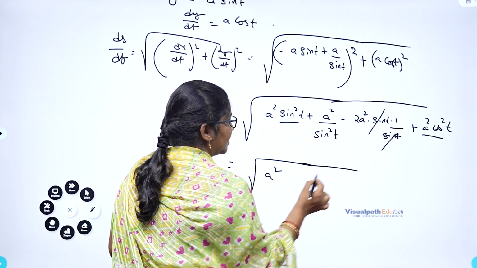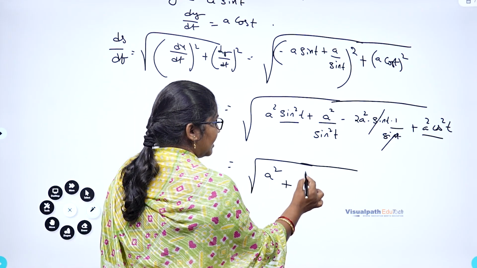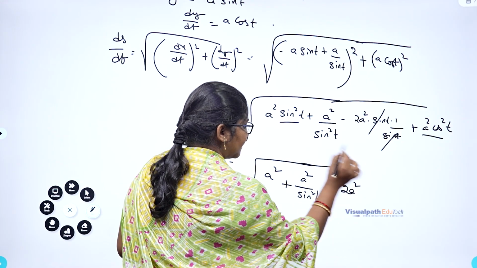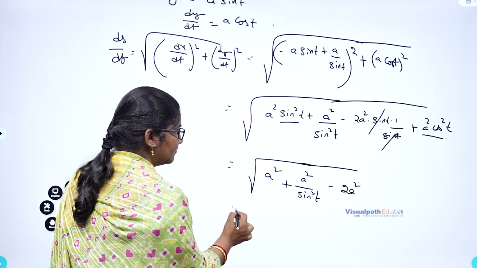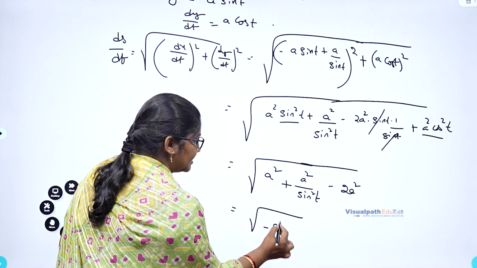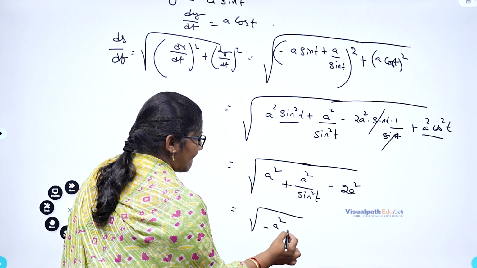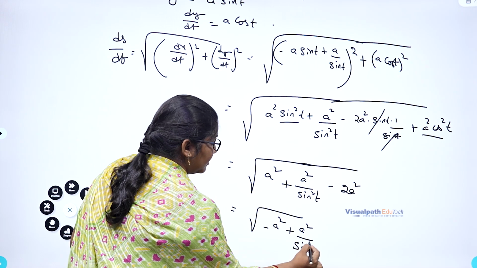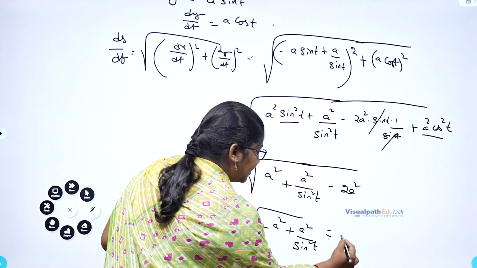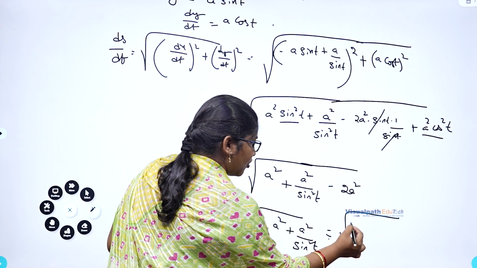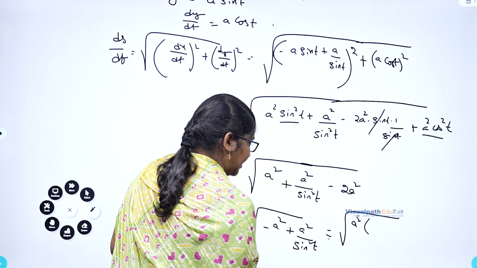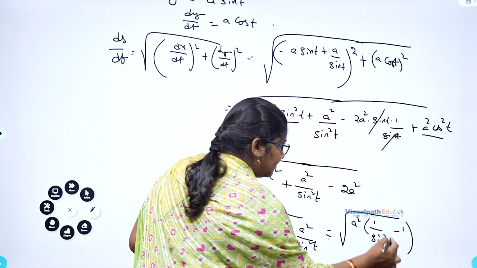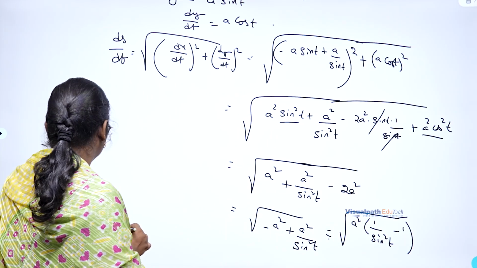And here also plus a²/sin² t minus 2a², minus a², plus a²/sin² t. If you take a² common, 1 by sin² t minus 1. Okay.